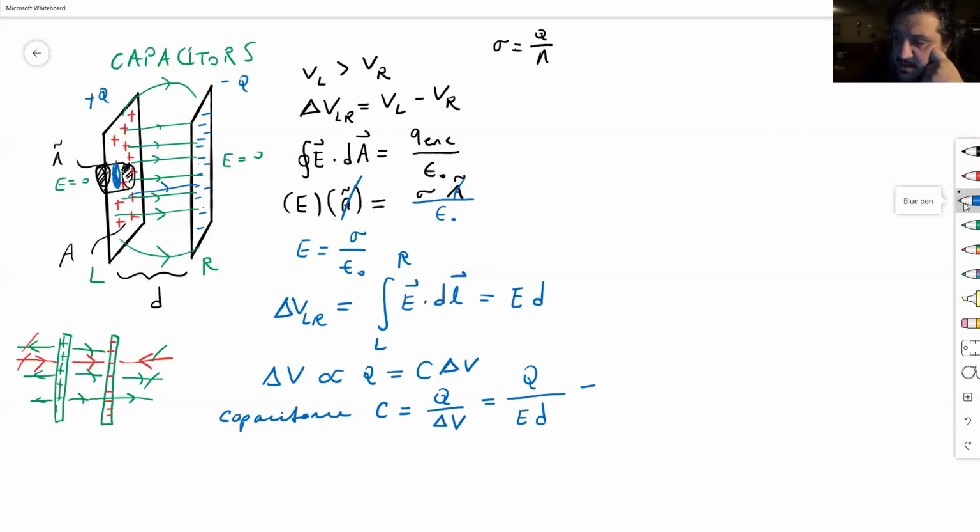Now let's write E as sigma over epsilon 0. And what is sigma? Sigma is Q over area.